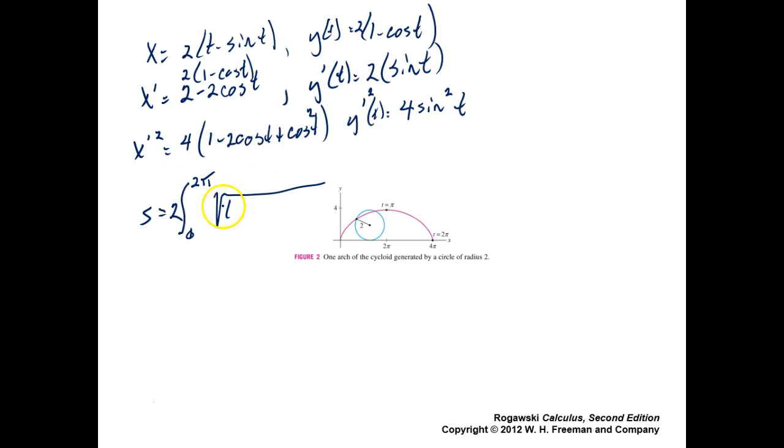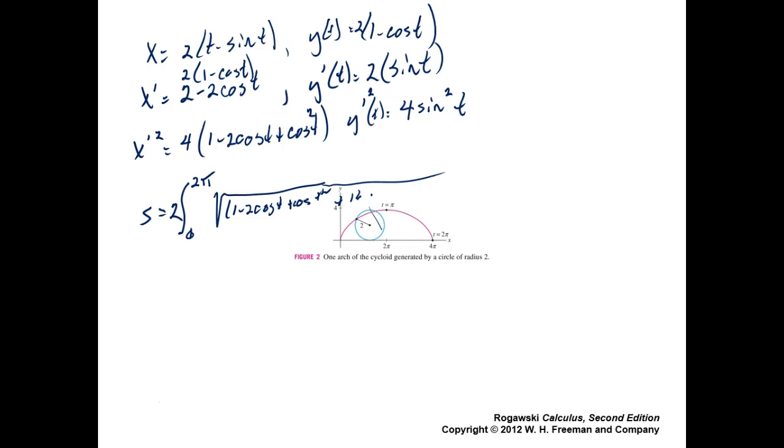So here we have 1 minus 2 cosine t plus cosine squared t plus, I'm having trouble reading my writing here.